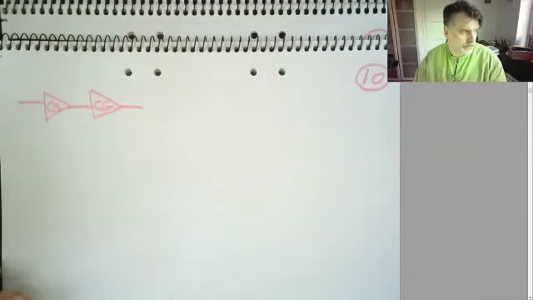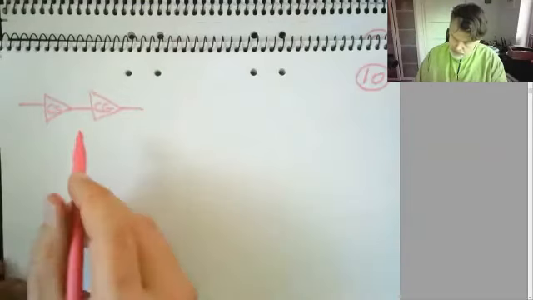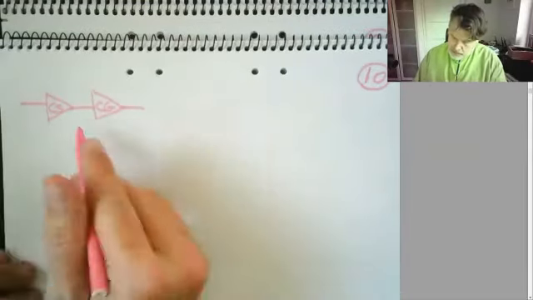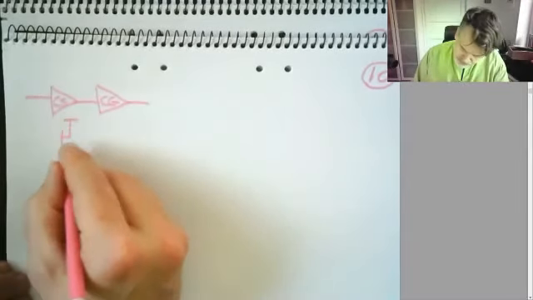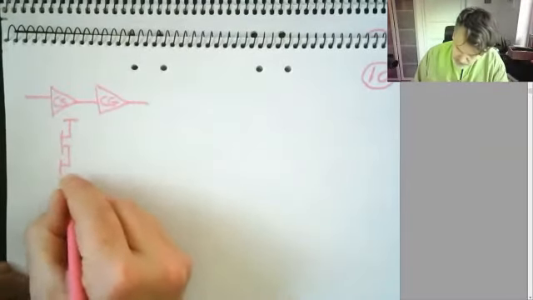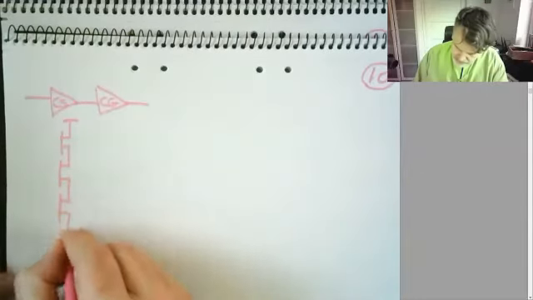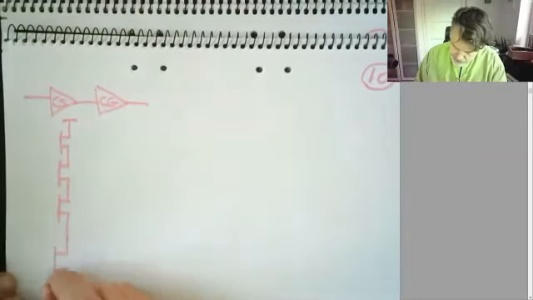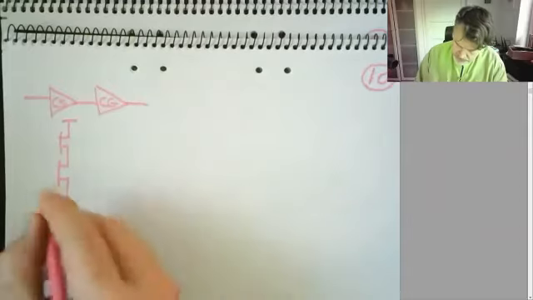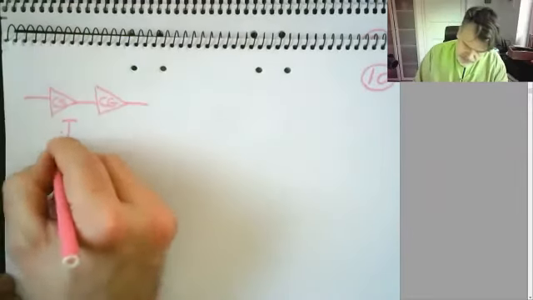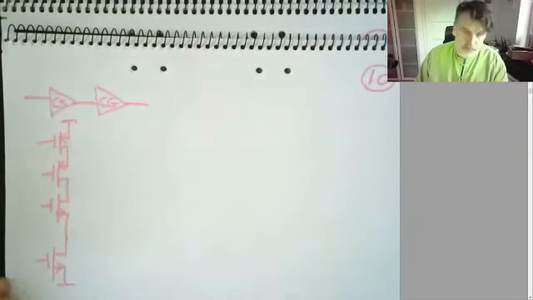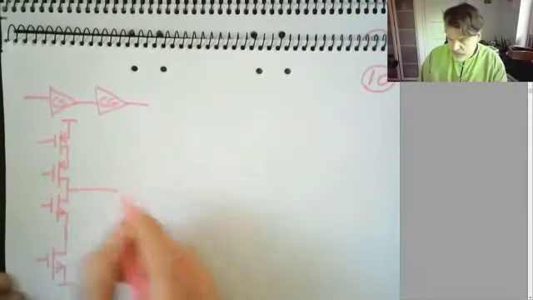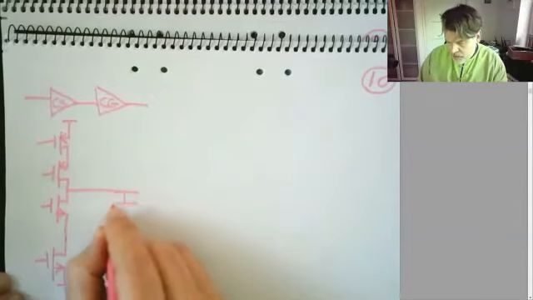Maybe we can draw, let's just do this again, even though it's a little bit overkill. So I take my transistors like this, that's PMOS, PMOS, NMOS, NMOS, and I take my output here, like this.